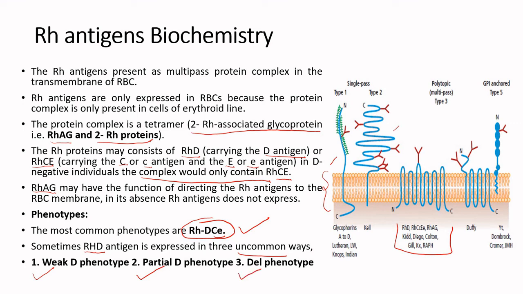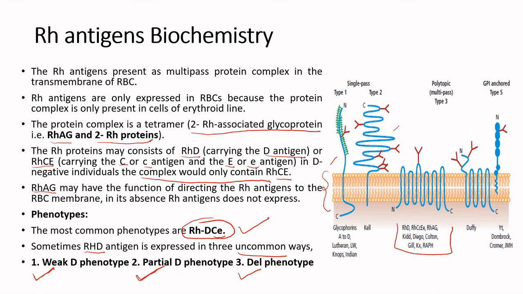Now we know if an antigen is there, it means it will have certain epitopes. The epitopes are those parts which can interact with the antibody. Now this antigen, when the epitopes are weakly expressed, that particular RHD antigen is termed the weak D phenotype. When some of the epitopes are not present, then it is called the partial D phenotype.